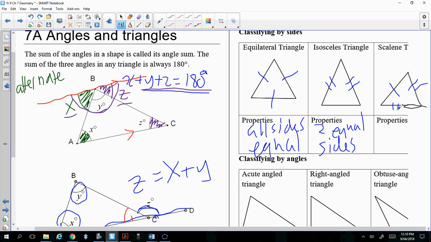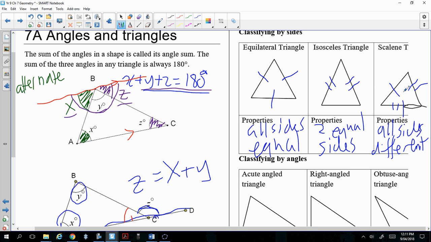So all sides are different. Okay, so you've got scalene, isosceles, and equilateral. So that's when we classify triangle according to sides. There's 3 different types. There's the equilateral, isosceles, and scalene.